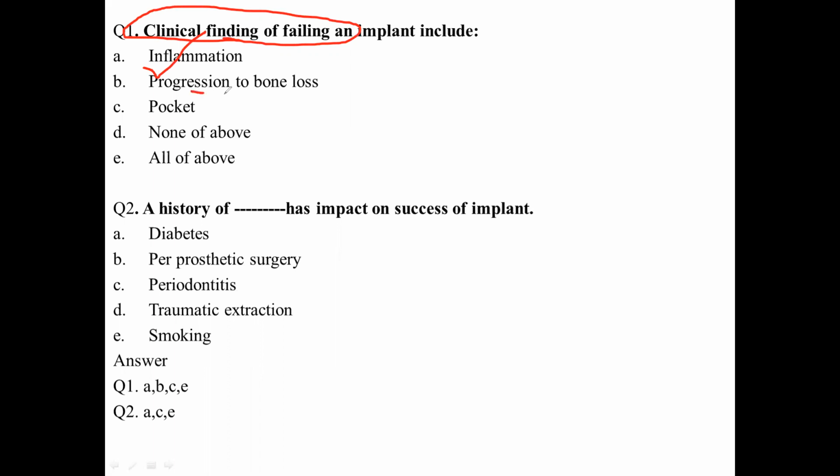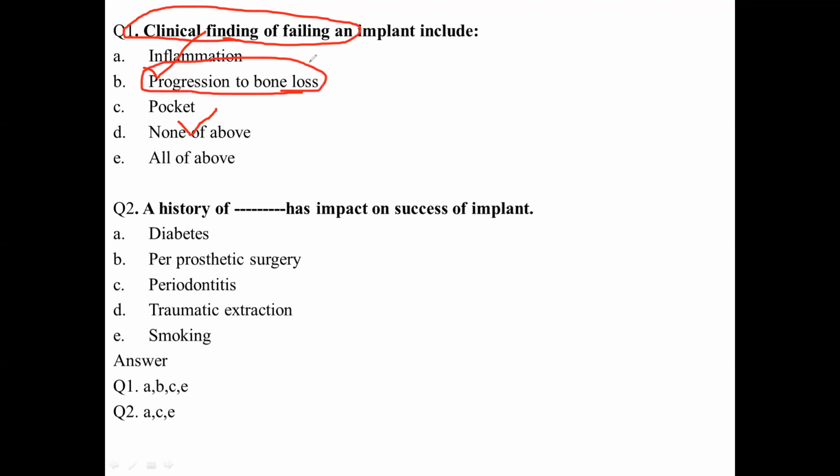Bone loss, you cannot see with the naked eye. You can see the probing depth by means of a probe. You can see the depth of the pocket and you understand, okay, the pocket depth is increased. It means there is something wrong. The bone loss can be found on the radiograph.